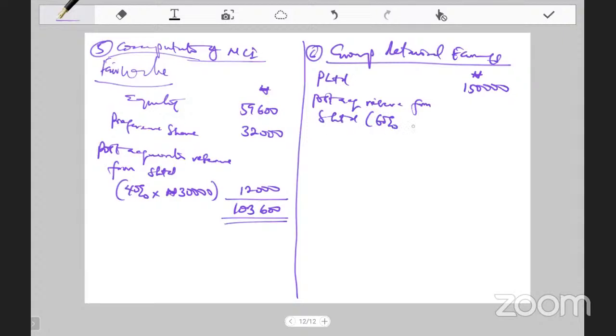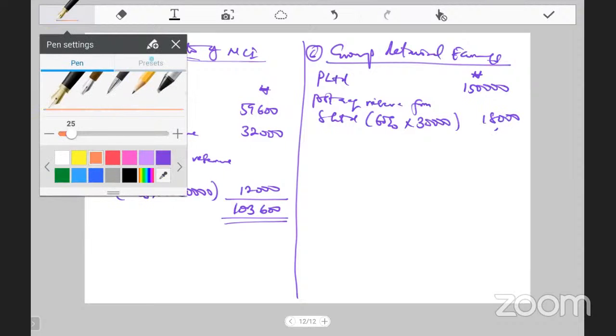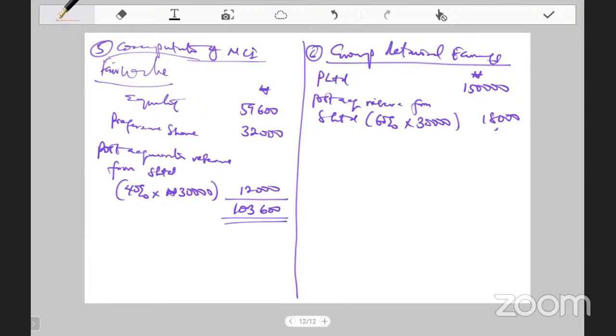That is 60% of 30,000, which gives 18,000. Now there's still one adjustment that we need to make on the parent. Don't forget the debt.